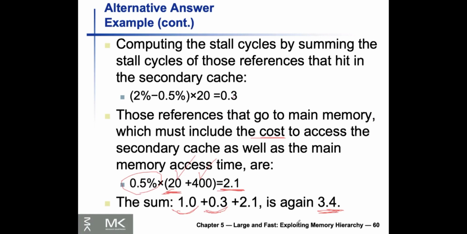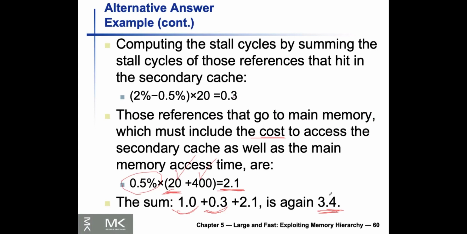It depends on what variables are available, or sometimes you have both options, right? You might want to go from this side, the CPI of the base, and the time it takes when L1 misses, L2 hits, and the time that L1 misses and L2 misses as well. So you add these three cases, and you come up with 3.4. Does that make sense?